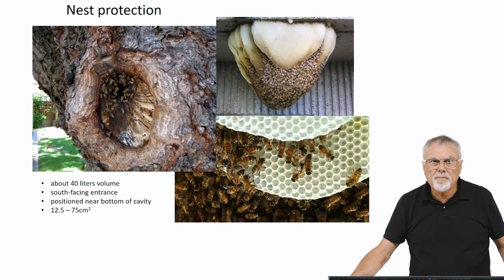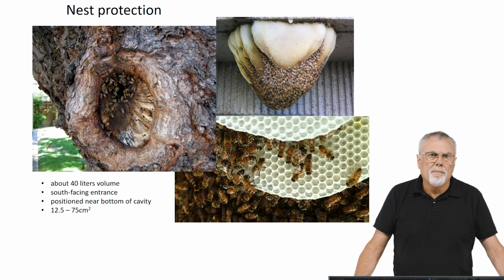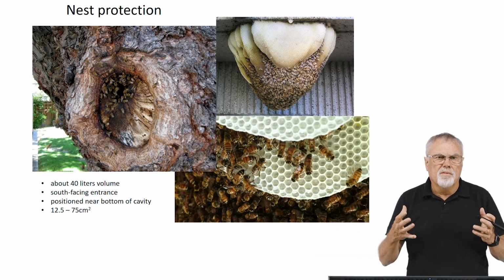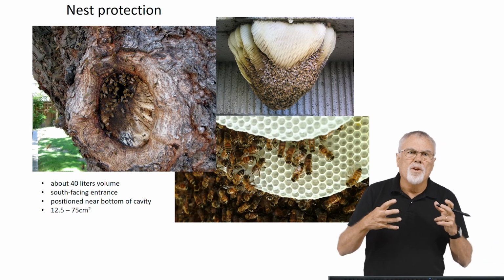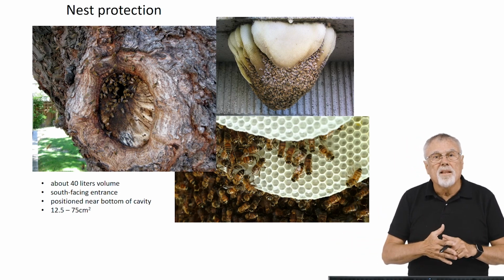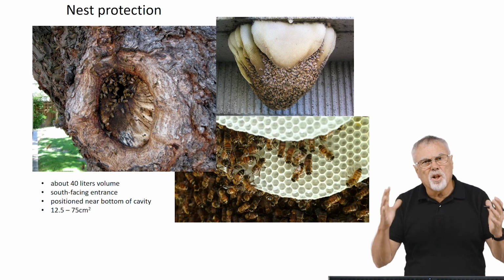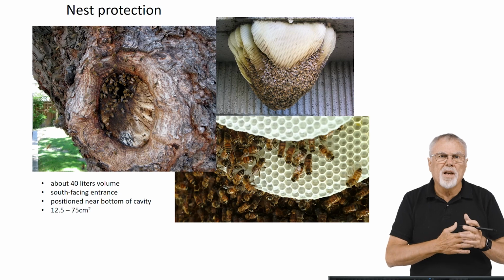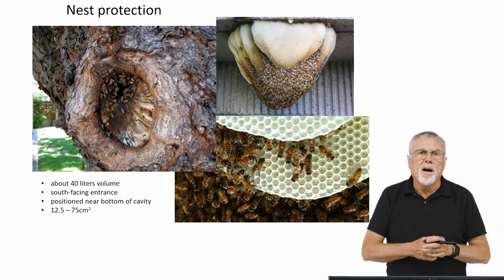Protection. Bees select defensible spaces to build their nests. Usually, it's inside of some sort of enclosed structure where they get some protection from the wind and from their predators.